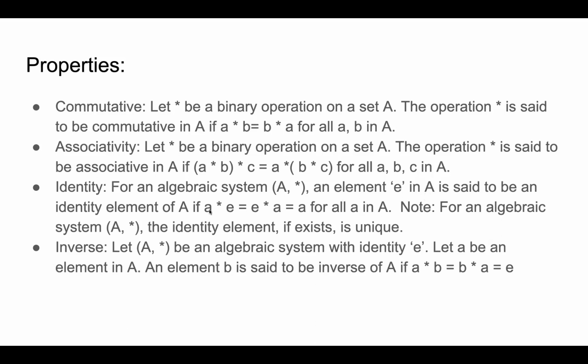A star E is equal to E star A, which means commutativity is there, and it is equal to A. It means the operation performed with this identity element is not going to change any element in A. Okay.